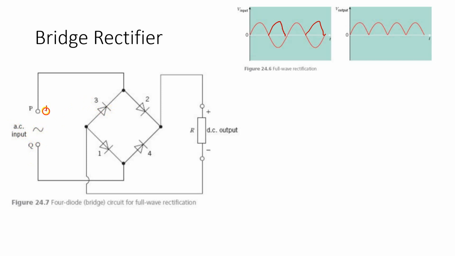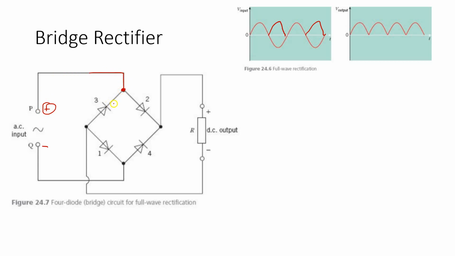starting off with positive and negative right here. Now let's look at it, guys, because this is where it gets fun and very exciting. So here's our positive signal, or our positive voltage. That positive voltage is going to travel along this wire, and it's going to come to this junction.